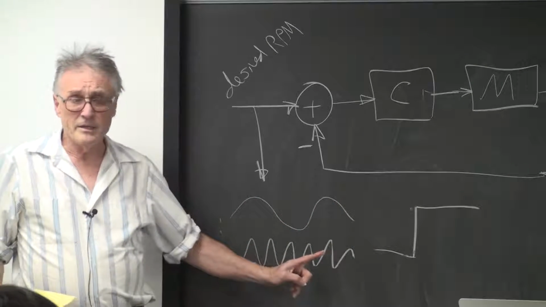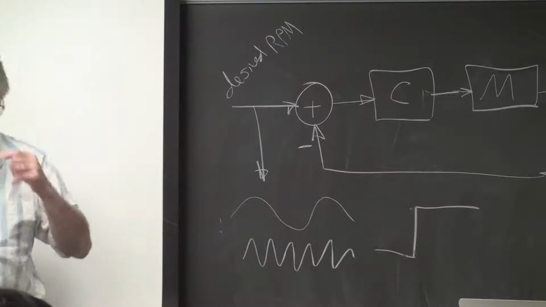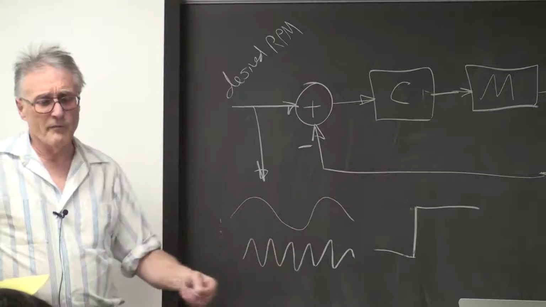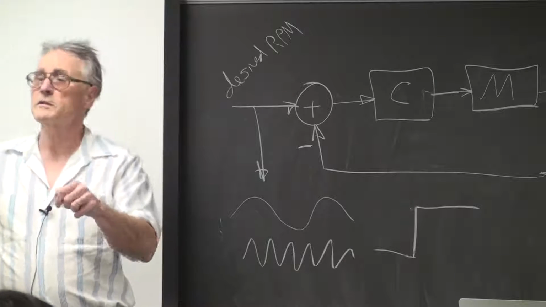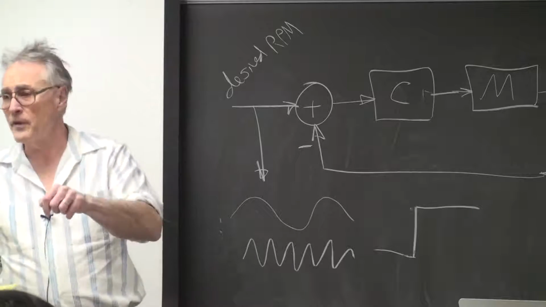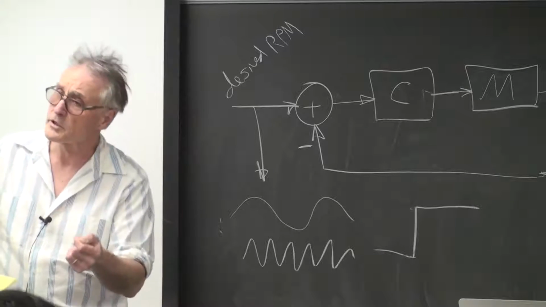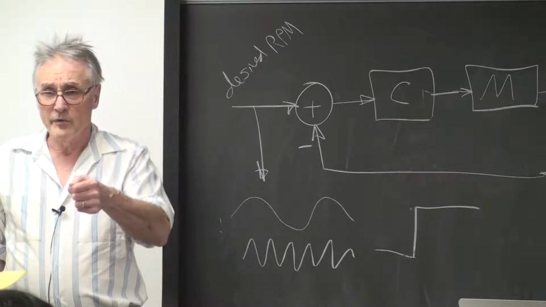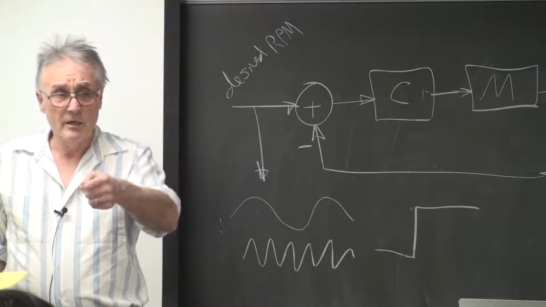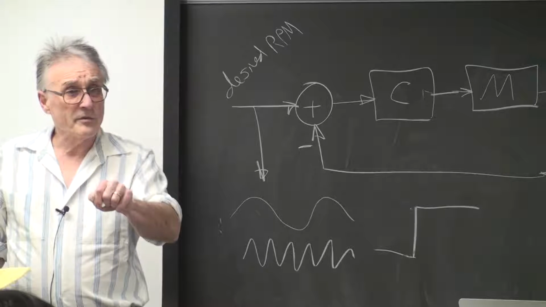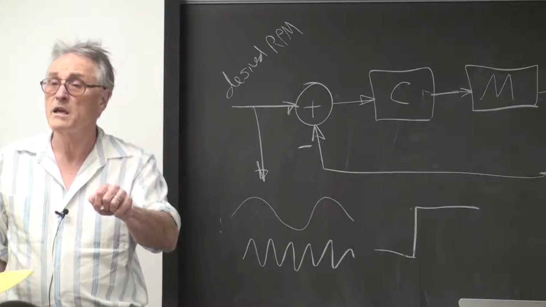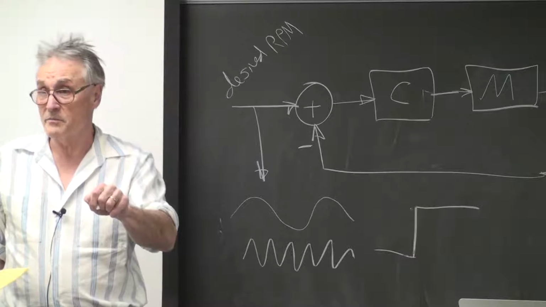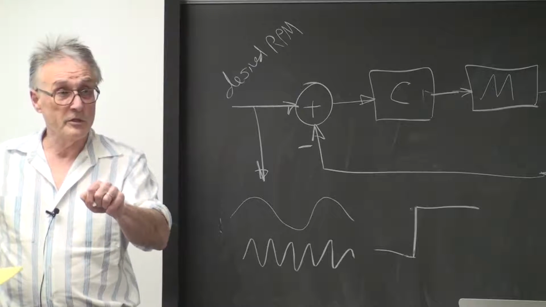And what we're going to find, and I think you'll be able to sort of intuitively feel this, is that if you vary the voltage across a motor slowly, it's going to speed up and slow down approximately in phase with how you're turning the voltage up and down. But if you turn up and down the voltage really fast, in fact faster than the time constant of the motor, it is going to stay at a constant speed or almost constant speed while you vary the voltage.